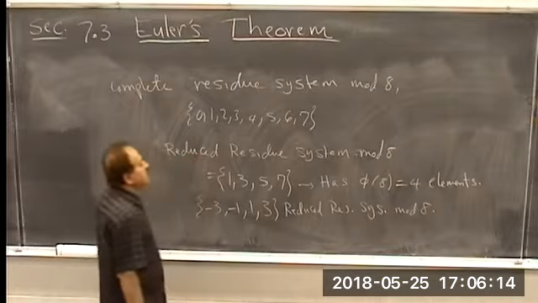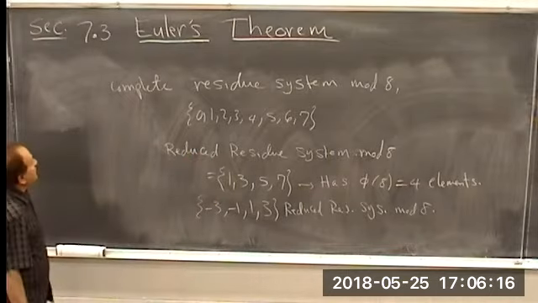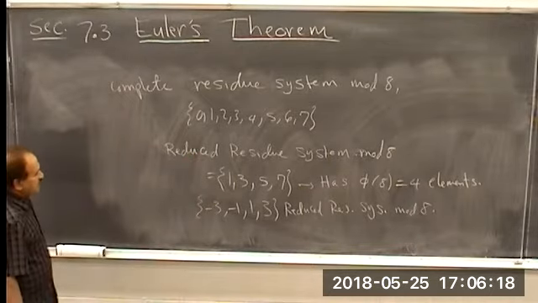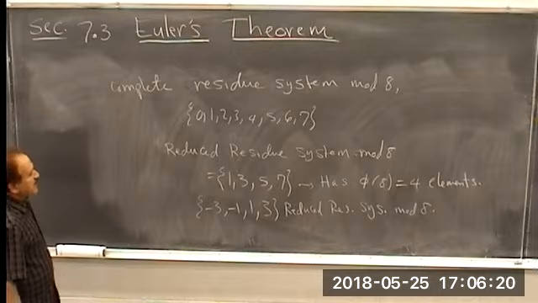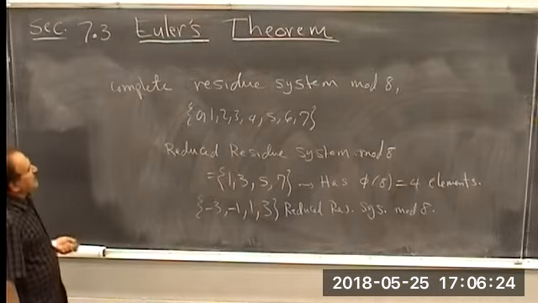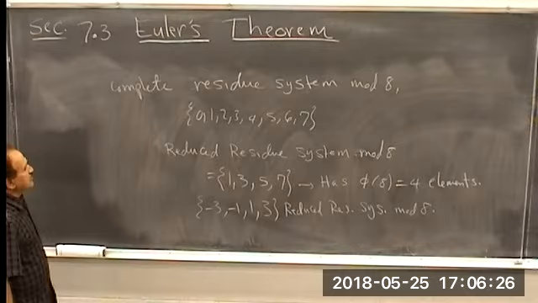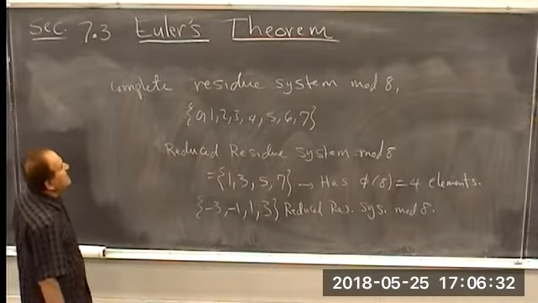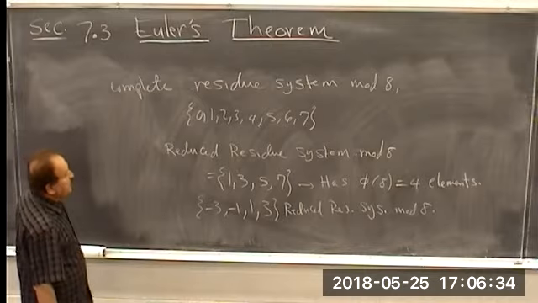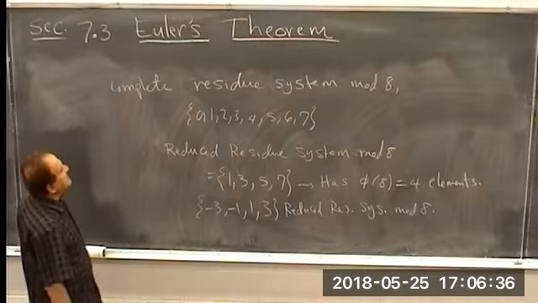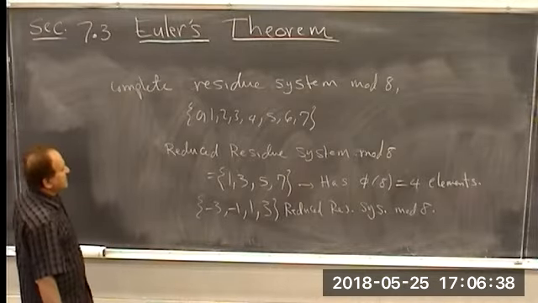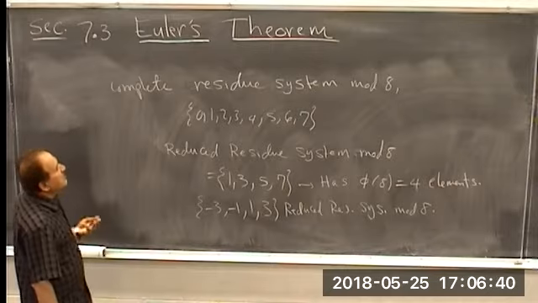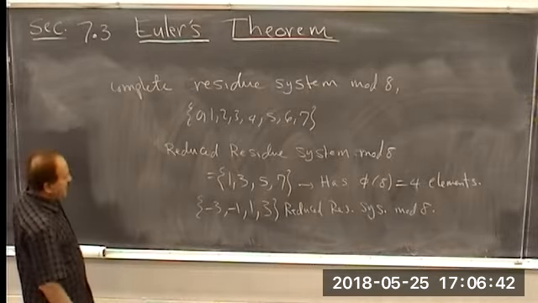We started with a motivation in the previous section to determine whether we can replace the prime p with any composite number, and whether there is an exponent to which you raise any integer a that is relatively prime to n, so that it is congruent to 1 mod n.